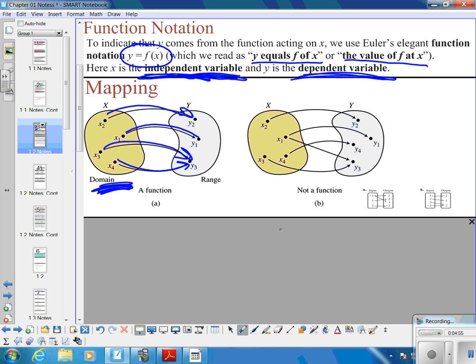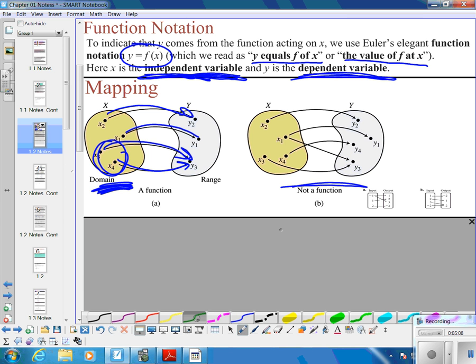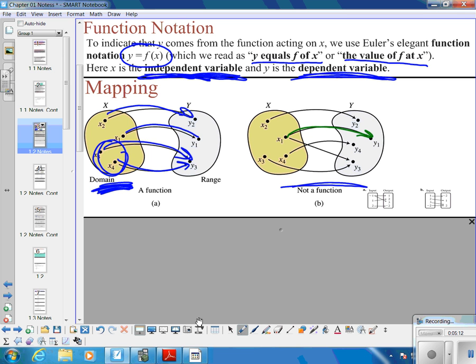It's okay that the x sub 3 and the x sub 4 both went to the same y value. That's fine. What's not okay is if you look over on the second little mapping over here, it's not okay that this first x sub 1 can be mapped onto y sub 1 and y sub 3. If that happens, it's not a function.